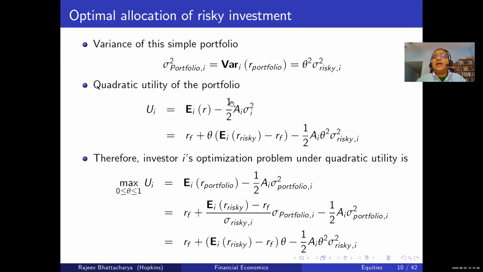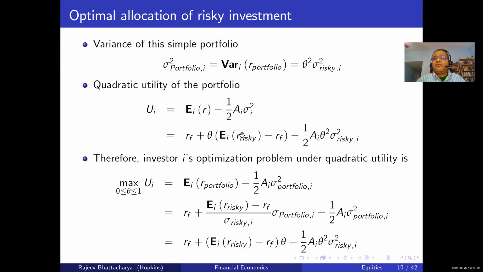So once again, it's great to have this quadratic utility function. Remember, the quadratic utility is equal to expected return minus half times A_i times the variance of the portfolio. So let's put in the variance that we have discussed.